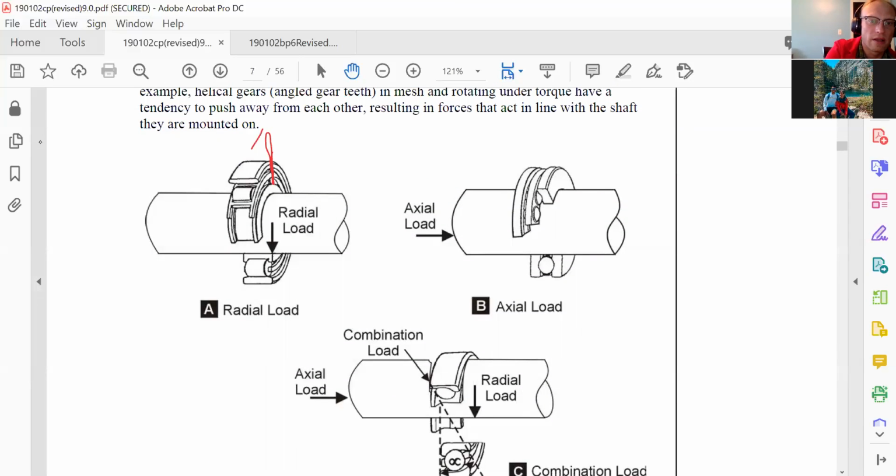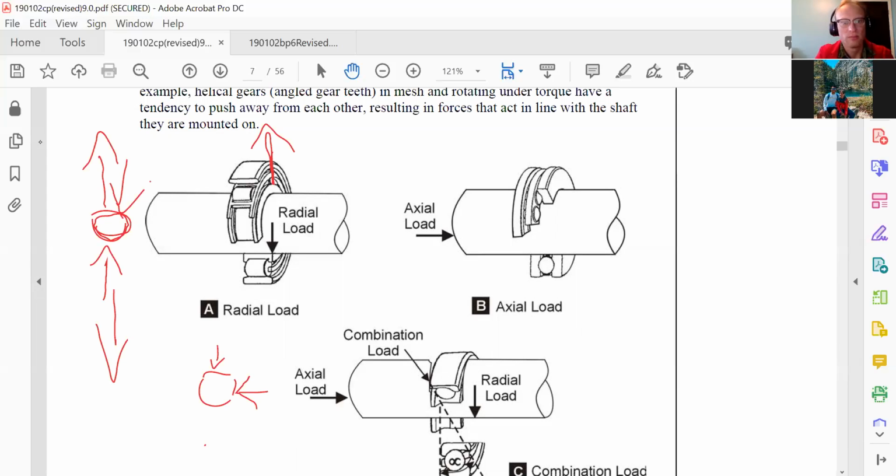If we were looking at this from the end, any load going out this way or in this way, anything pushing or pulling along the radial of the circumference, is a radial load. An axial load, so typically we would call something like this the axis, is any load that pushes parallel with the axis or along that plane.